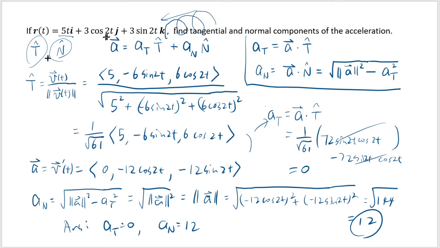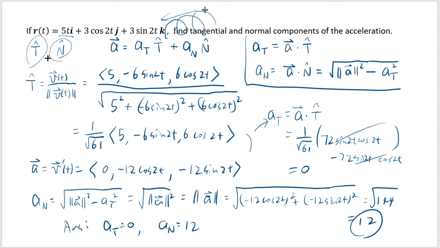The acceleration is 0. If it were speeding up, the acceleration in this direction would be positive. But the acceleration in the x direction is 0, and we can see that right here.